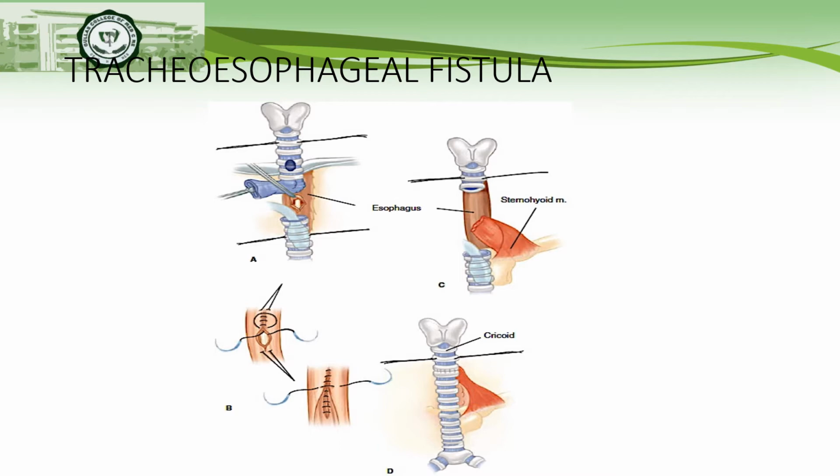The fistula is then closed in a single layer on the tracheal side and in a double layer on the esophageal side. The damaged tracheal segment is then resected and reanastomosed. A muscle flap, such as the sternohyoid muscle, is then used to buttress the esophageal repair. The last step to be done is the anastomosis of the trachea.